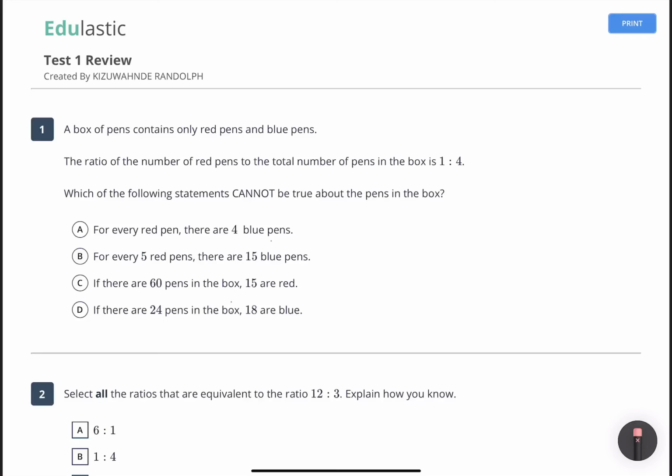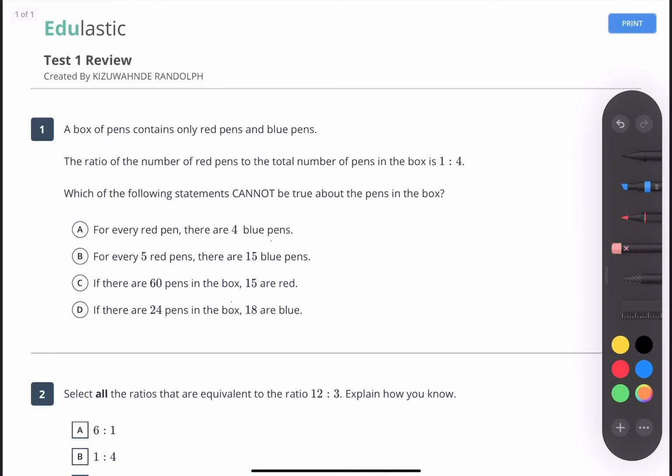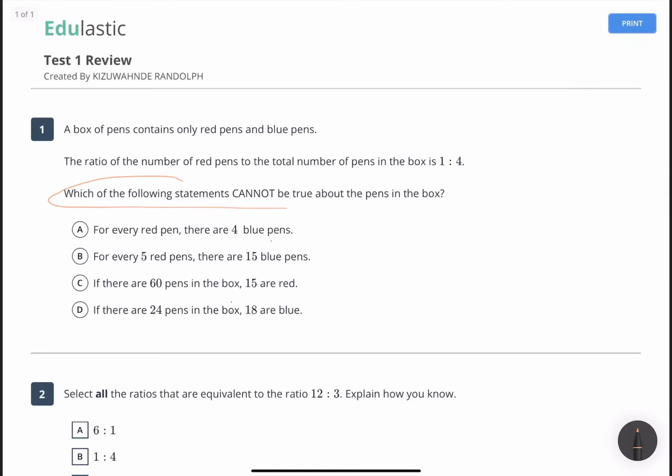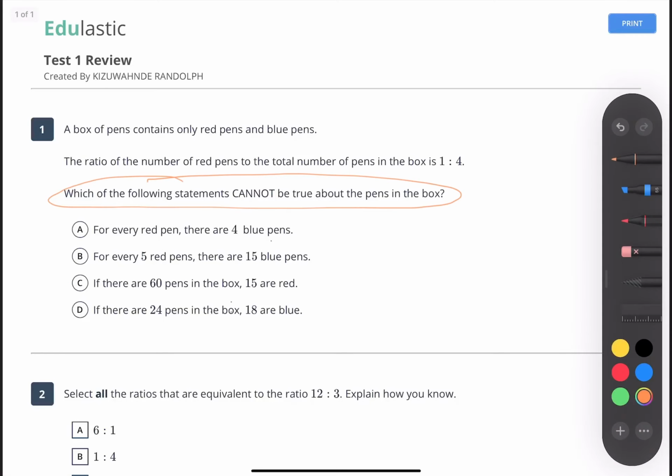So just like I discussed in my lesson review videos, I always like to annotate my questions first. We're going to start off by circling the question, and I'm going to circle that in orange. It says, which of the following statements cannot be true about the pens in the box?